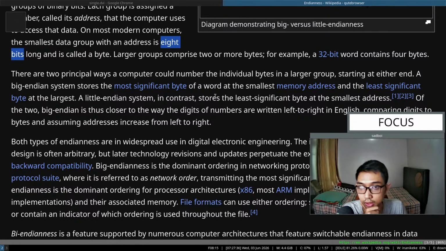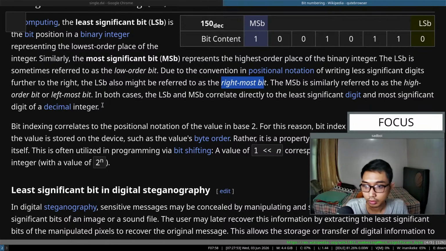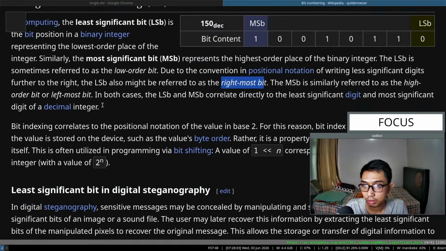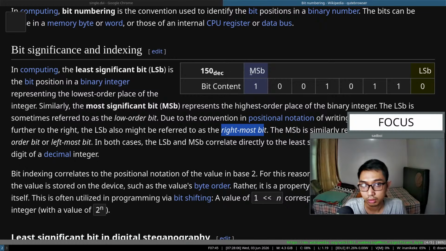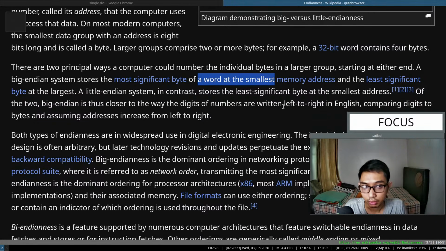Let me try understanding this. At the smallest memory address, at the largest, big endian or most significant bit, less significant bit at the smallest, left to right.